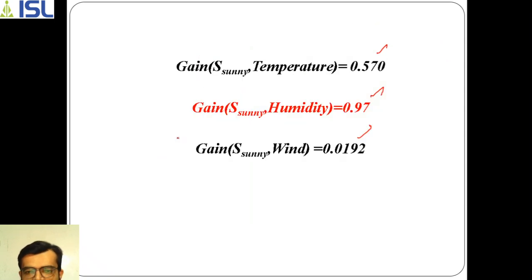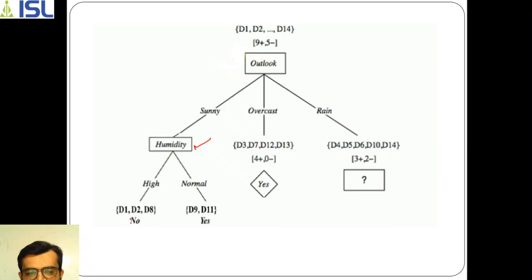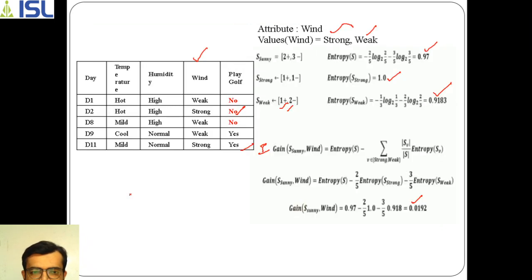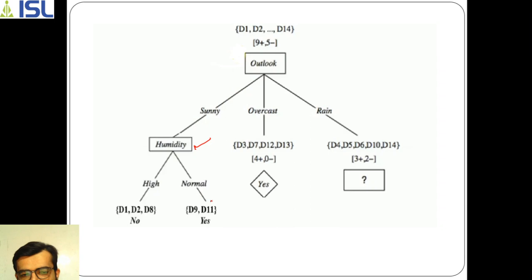So for D1, D2, D8 with high, the value is no. And for normal, D9 and D11, the value is yes. Now overcast, we have already done this. Because there are no negatives here, there is no confusion. So the answer is simply yes for overcast.